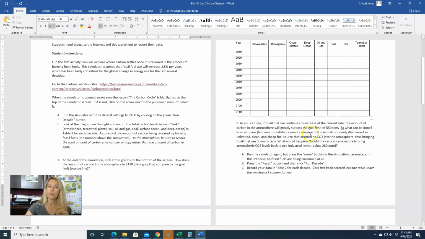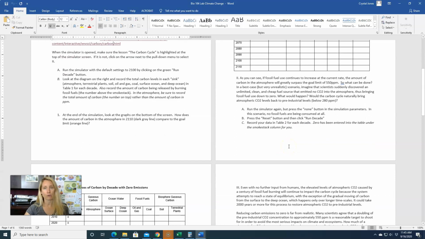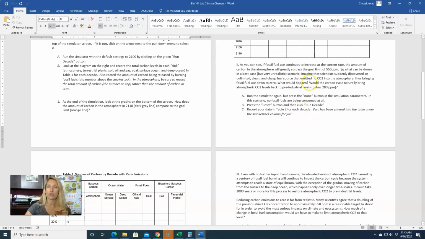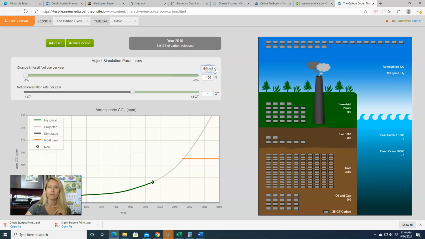Okay, so then you're going to run the simulation again, but you're going to change some parameters. The next thing you're going to do is see what happens if we had no carbon emissions whatsoever. So if we ran this simulation and we click the none button, let's hit reset, and we had no carbon emissions whatsoever, you're going to see something very different, right?